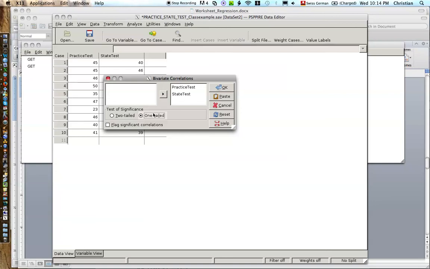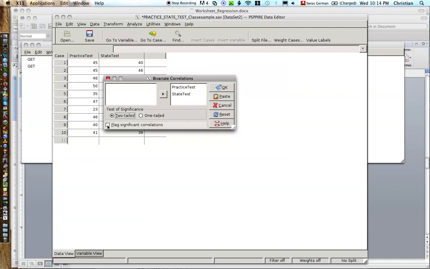If you don't know if it's going to be a positive or a negative correlation, then you would do a two-tailed test. Usually you have a good idea about whether two variables are positively correlated or not, and then you can pick the one-tailed test. But if you don't know how two variables correlate, then you would just keep the two-tailed.